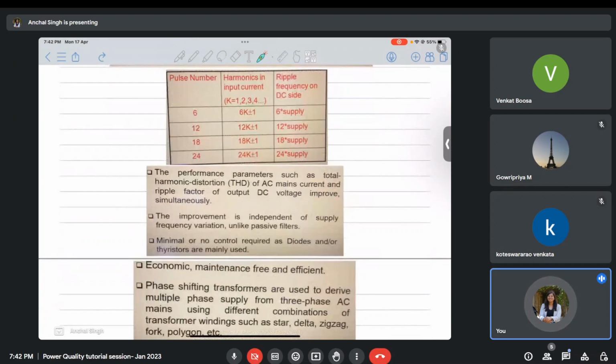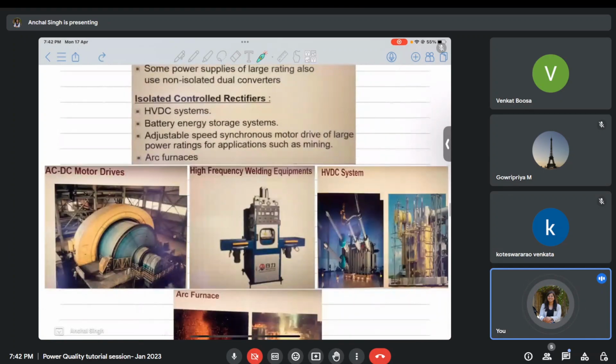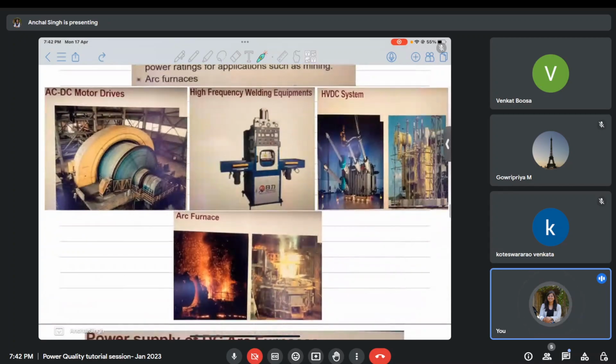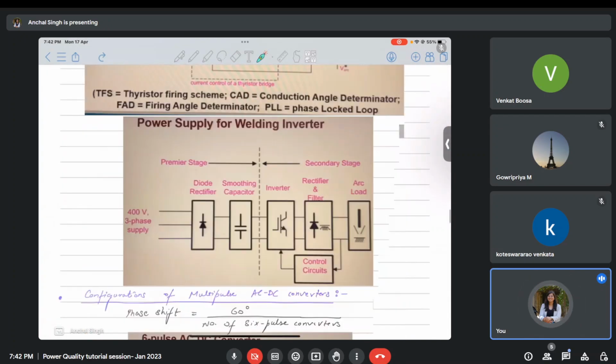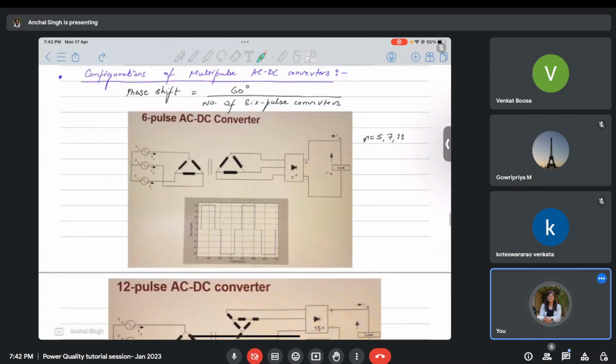So we have already solved few numerical problems of 12 pulse converters, right? So similarly, we have 24 pulse converters, 16 pulse converters. They are used in high power applications like AC/DC motor drives, high frequency welding equipments, HVDC systems, and arc furnaces. So these are the applications of these multi-pulse converters.